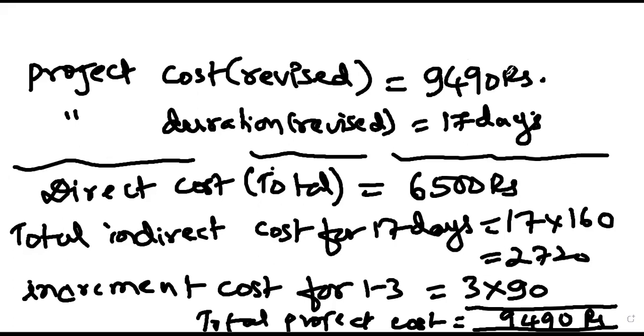So just make a change in this particular calculation. You have considered the incremental cost as 100 rupees. Just make this change. The change here is 90 rupees.